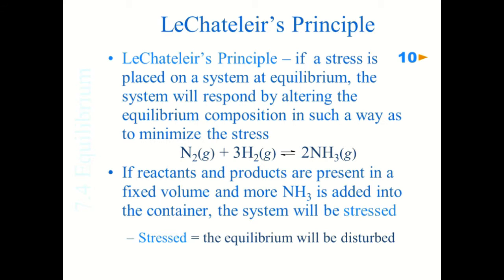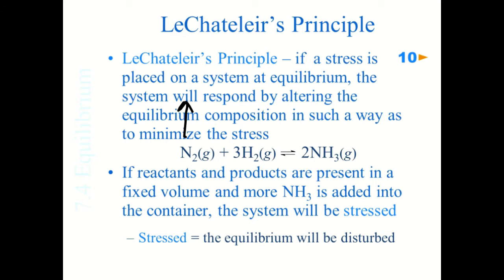So, for example, N2. If this system is at equilibrium and I add more N2, I increase the concentration of N2. What does it have to do to get back to equilibrium? I stressed it out. It's not in equilibrium anymore because I increased the N2.